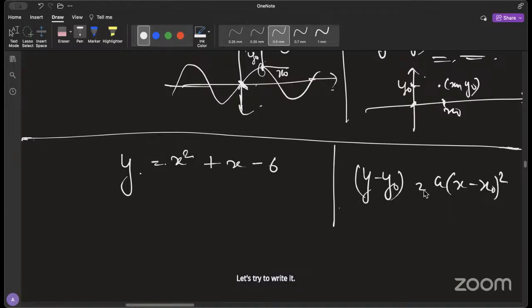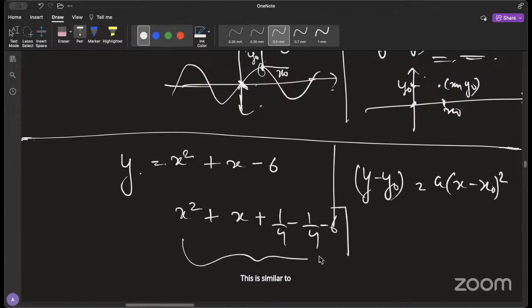This is similar to completing the squares. So you'll have x squared plus x, and then I can have half here, and the square of half will be 1 by 4, minus 1 by 4 minus 6. This is similar to completing the squares, if you can see.